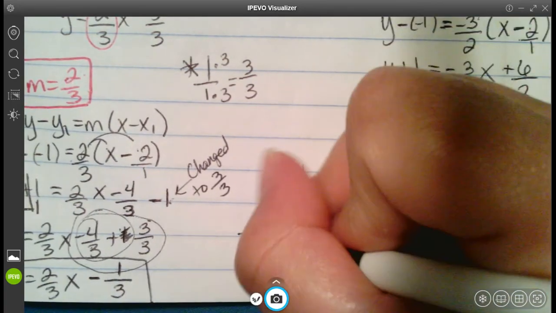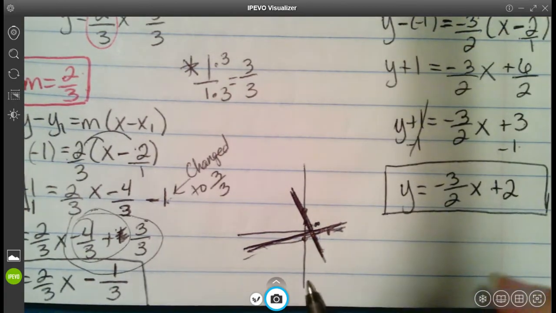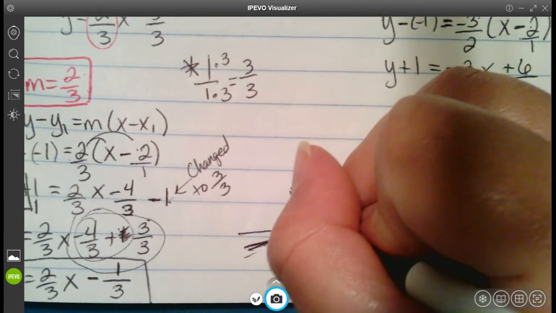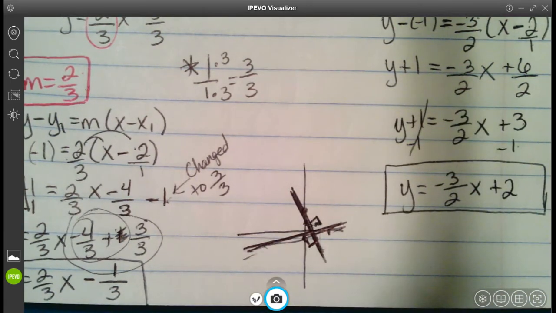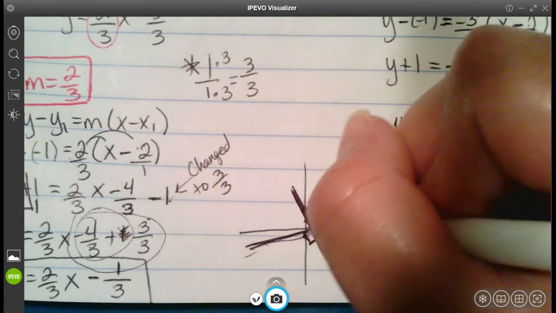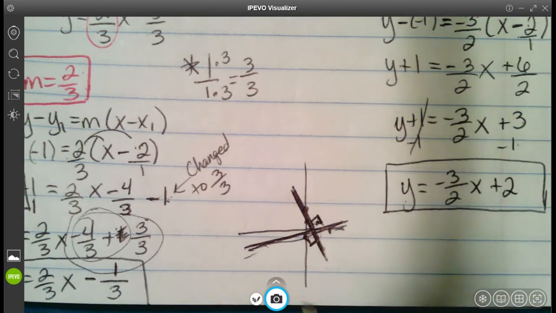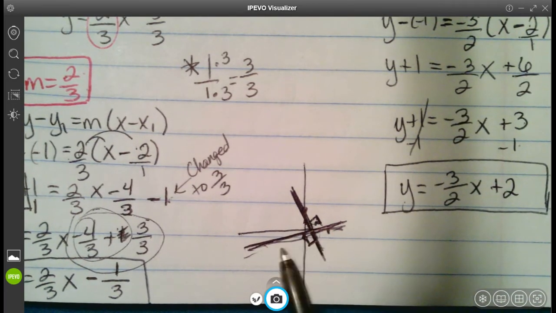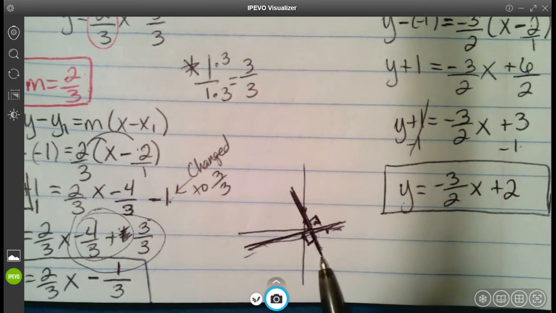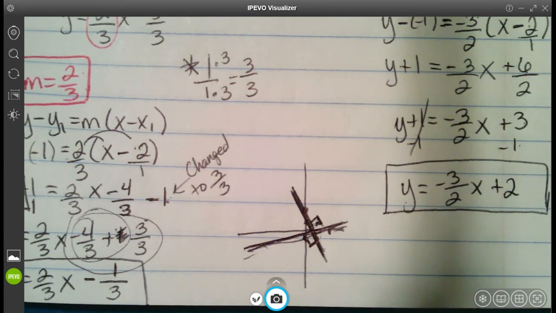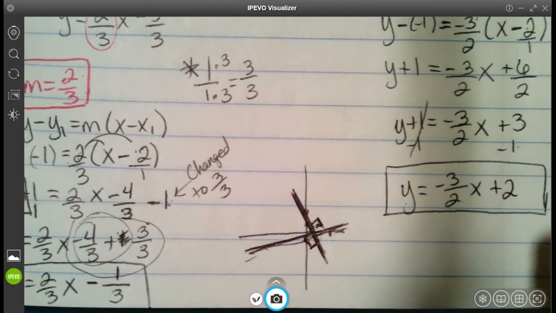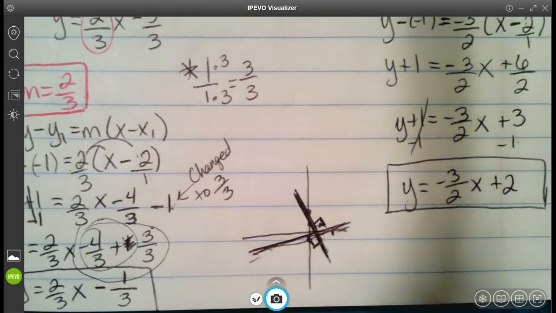The idea is if you graph these correctly, okay, because obviously this is just a quick sketch, you're going to make a perfect right angle here. Okay, because this is a perpendicular line, and perpendicular means that these are going to be perfectly angled at 90 degrees, and the definition does come from these reciprocal slopes. Okay, all right, but that's just a little bit of extra information.